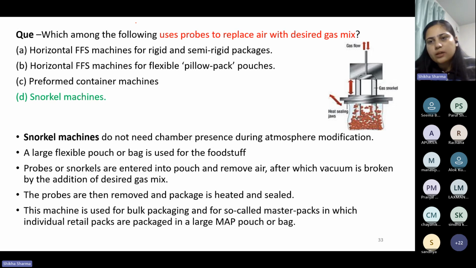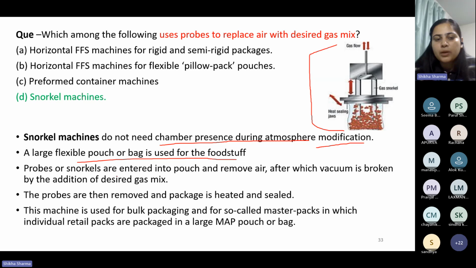So this kind of setup is a snorkel machine. Snorkel machines do not need a chamber during atmospheric modification. A large flexible pouch or bag is used where the foodstuff is kept, and probes, which we know as snorkels, are entered into the pouches.